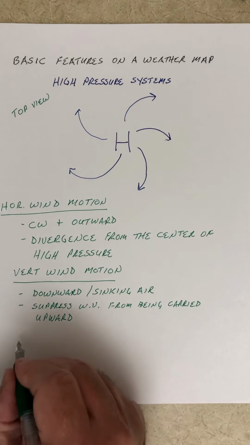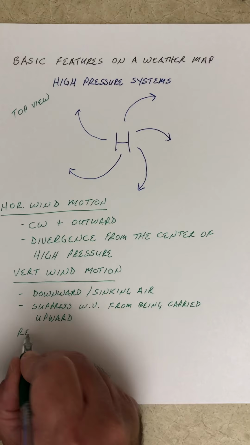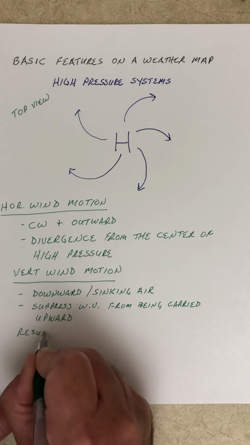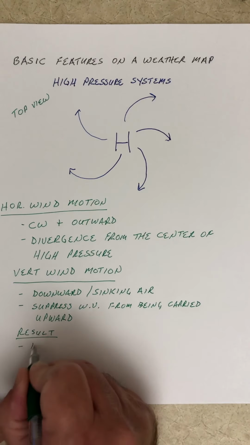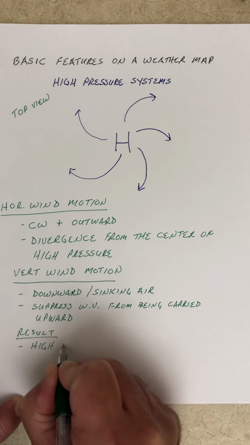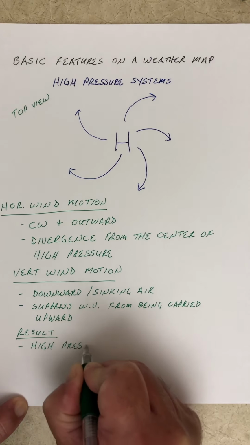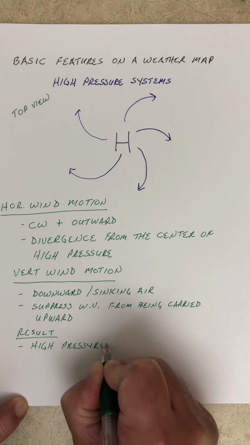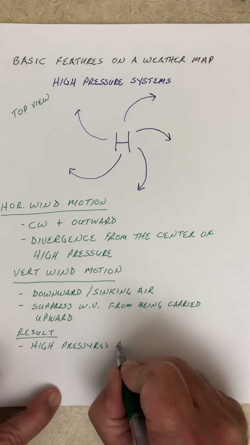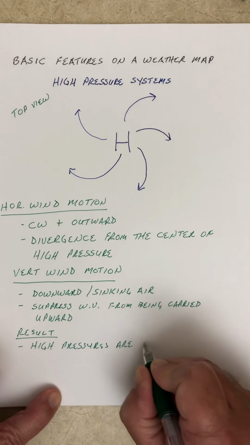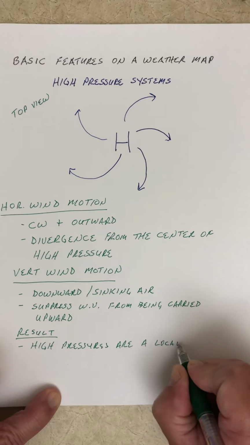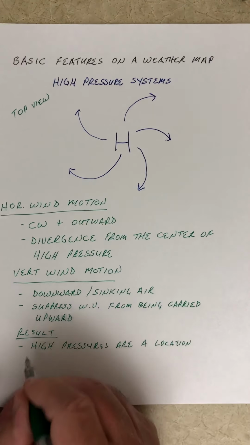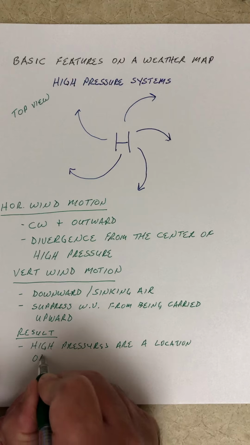Okay, so as a result, what we normally find with high pressures, and there's no absolutes in meteorology, but this is very typical, is that high pressures are typically a location of generally nice weather.